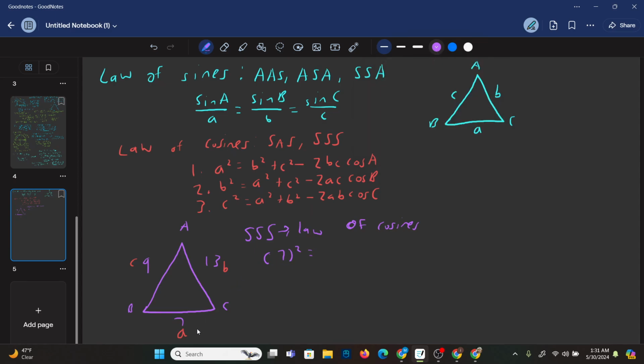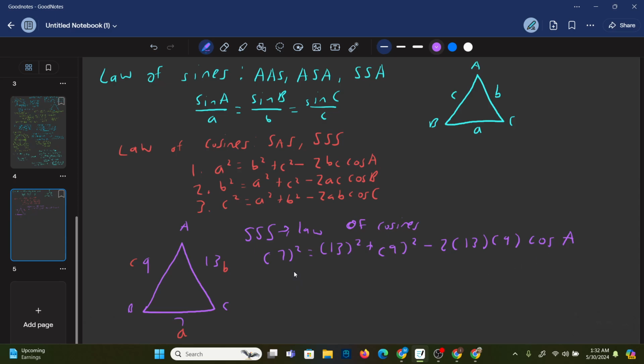So little a squared equals b squared plus c squared minus 2bc cos angle A, which we do not know.